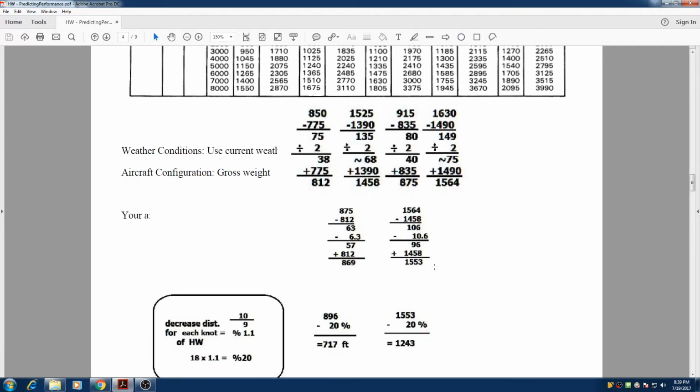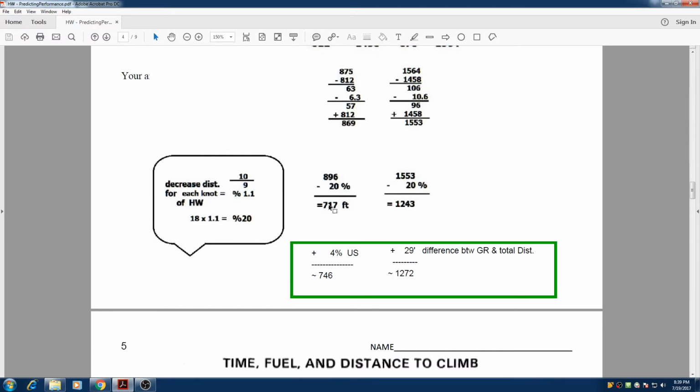So we know that here we have 717. We add 4% to that to get 746. So now we know that for this upslope we need 746 feet to be airborne, right? So what is the difference between 746 feet and 717?